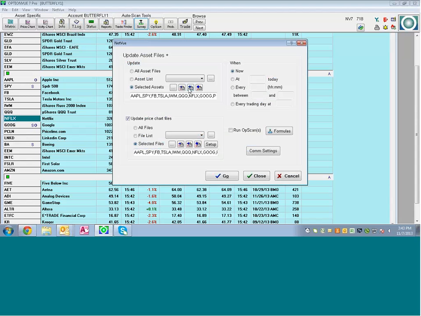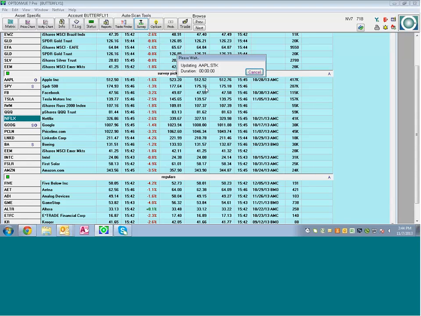I said selected assets, and then I chose the 3rd button here to get these all from this list copied in here. Same thing with this. I selected these files, hit the 3rd button so that this group only would copy in here, and then I can say go, and you're going to actually see it updating these particular files.